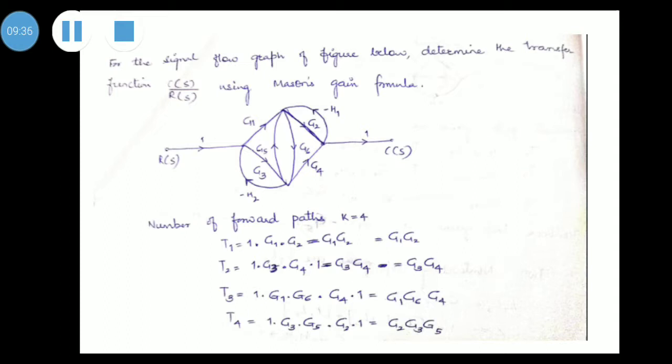Seeing the figure, we'll first identify how many forward paths there are. K is equal to 4. Which are those 4 forward paths?